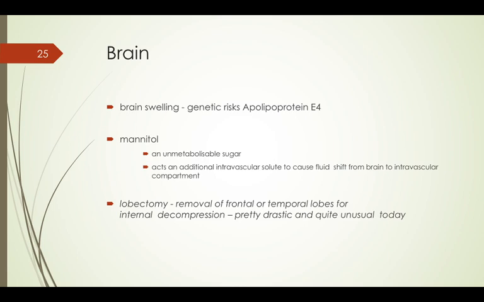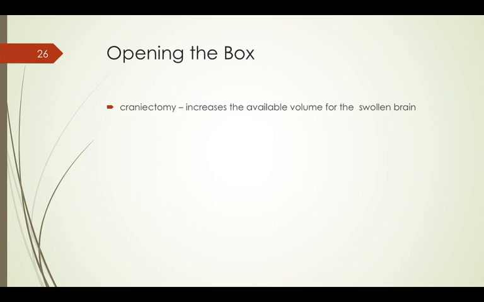So we can use something called mannitol, which is a type of sugar, and it basically draws out fluid from the brain, again reducing the edema. Lobectomy, removal of a particular lobe, used to be done, but it's pretty drastic, it doesn't tend to be used nowadays. And finally opening the box, a craniectomy, basically to increase the available volume for the brain.